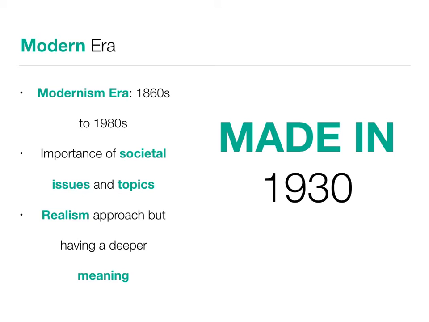But there's also so much more. And I feel like when you do see that painting, you almost think that there's more because of just the face that they have. And yeah, so I believe that this shows modern because it talks about societal issues and topics and really relates to the people that are looking at it.